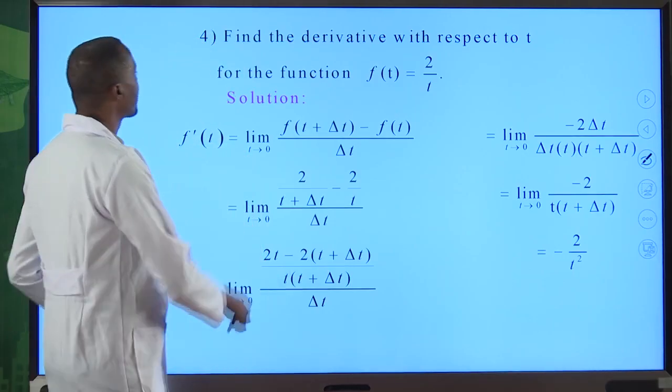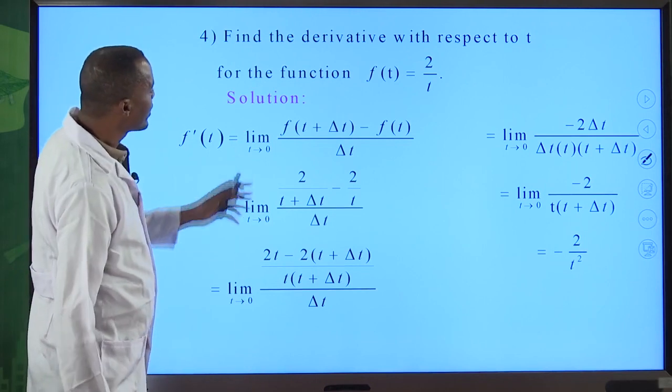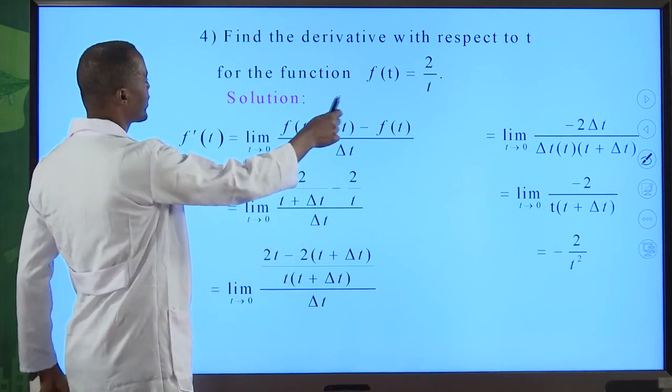Okay, the time is up. The problem says find the derivative with respect to t for the function f of t is 2 over t.